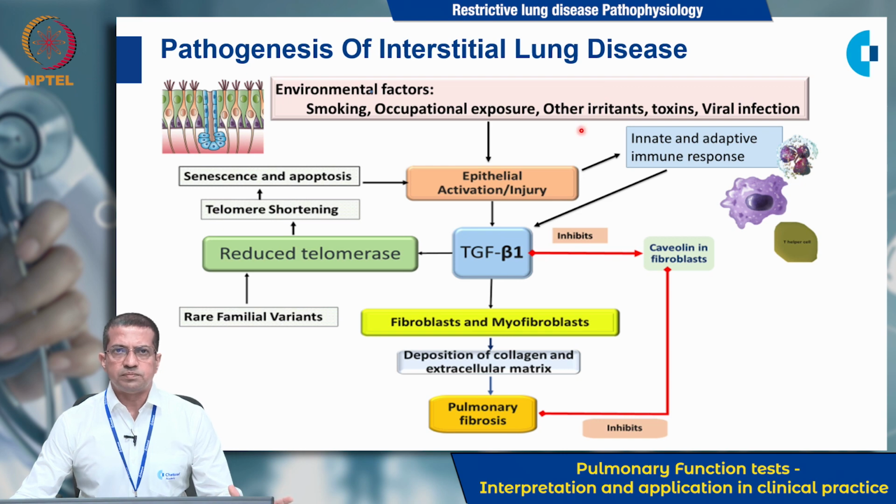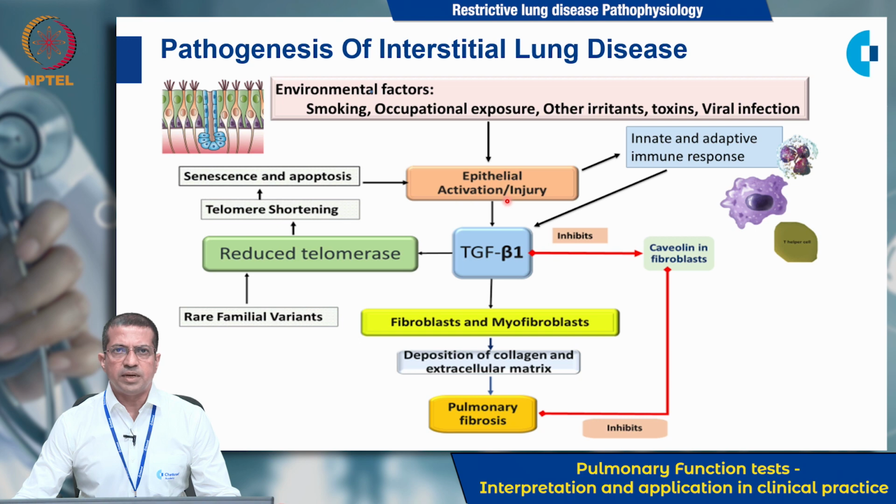This is the overall understanding about the pathogenesis of this entire fibrosing lung disease. You could see that it holds good for all the causes, either known etiology or unknown etiology. So, some triggering agents like smoking, occupational exposures, irritants, toxins and viral infections sometimes will cause, first and foremost, epithelial injury.